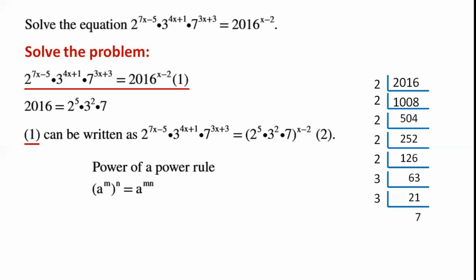By the power of a power rule, we know that a to the power of m, all to the power of n, equals a to the power of mn.